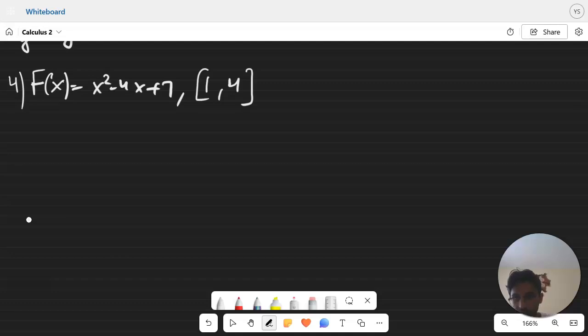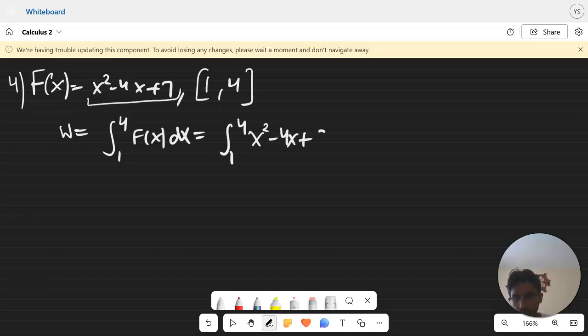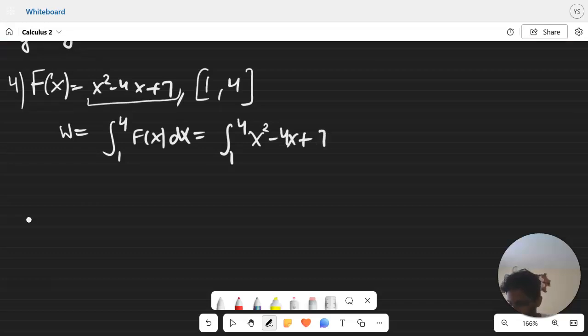It's not going to be constant. So we use our variable force formula. It's going to be the integral from 1 to 4 of f of x dx. Now that's going to be equal to the integral from 1 to 4 of x squared minus 4x plus 7 dx.